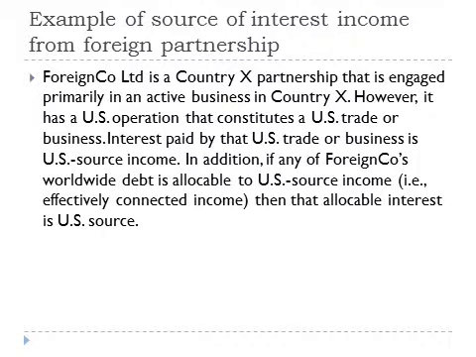Interest paid by that U.S. trade or business is U.S. source income. In addition, if any of Foreign Co.'s worldwide debt is allocable to U.S. source income, that is, effectively connected income, then that allocable interest is also U.S. source.